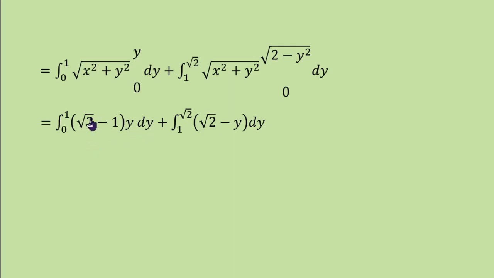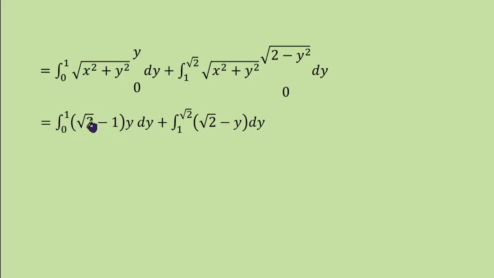Taking y common, we get root 2 minus 1 into y. For the upper limit of x, root of 2 minus y square, x square plus y square is 2 minus y square plus y square, that is 2, so root 2. The lower limit x equal to 0 gives root of y square, which is y. So root 2 minus y.